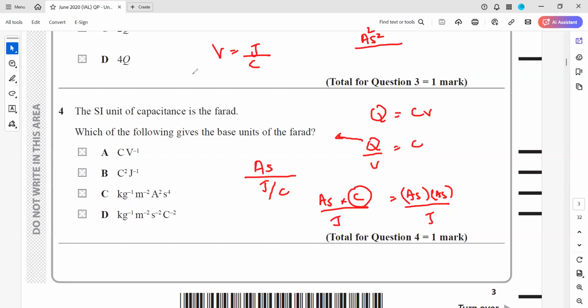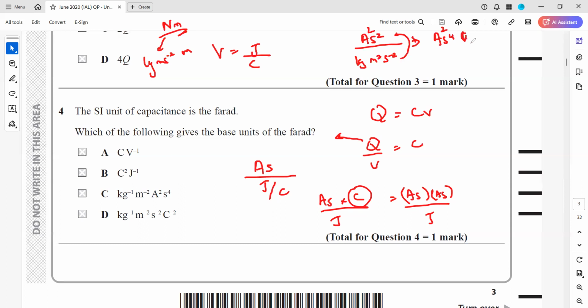Now what about joules? Joule is newton meter, and newton itself is kilogram meter second raised to power minus 2. So joule itself is kilogram meter squared second raised to power minus 2. If we simplify this, it will be ampere squared, and second minus 2 becomes plus 2, so it will become second to the 4.